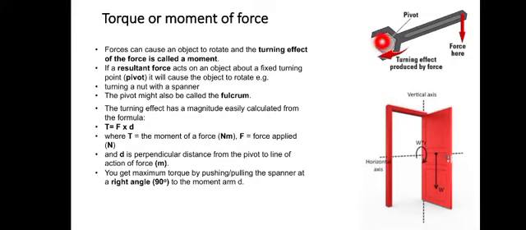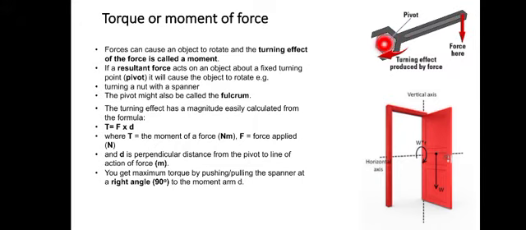Now the distance from this pivot point to the line of action of force is called the moment arm of force. The turning effect will be proportional to this moment arm and this force.